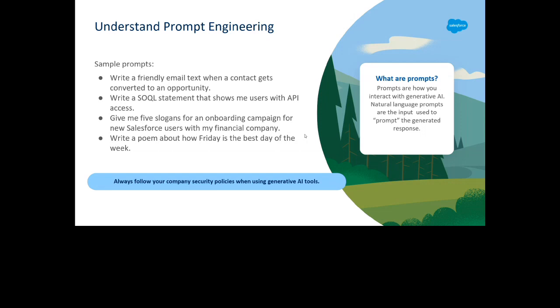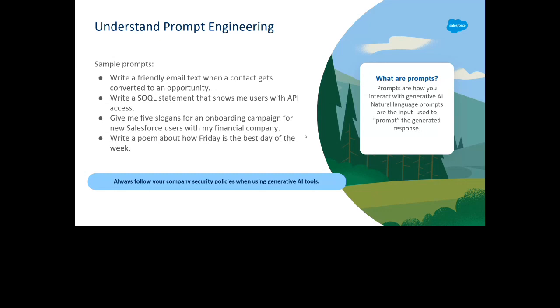Whatever data is available on the internet is the data set for ChatGPT, and the algorithms, the large language models, are applied to that data. So the data source is very vast.